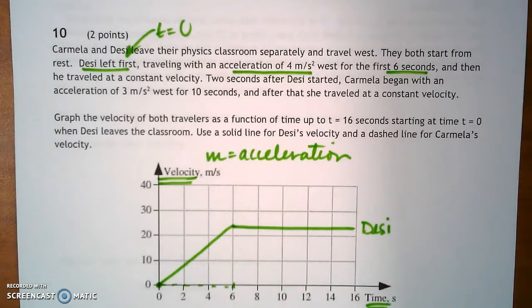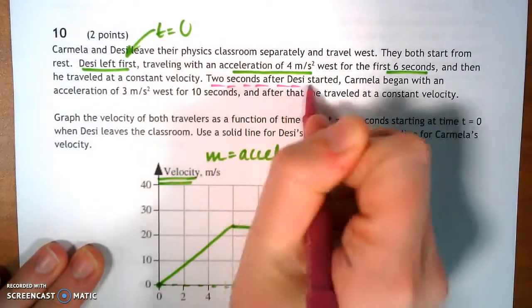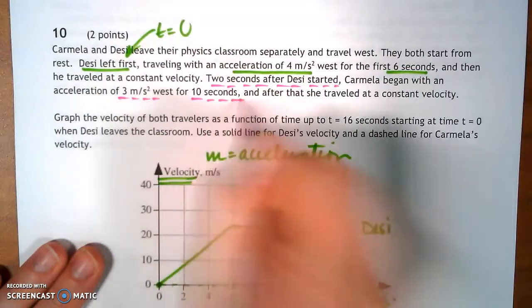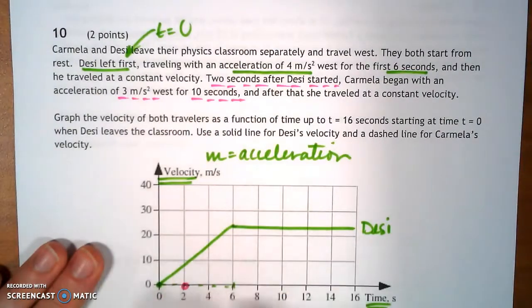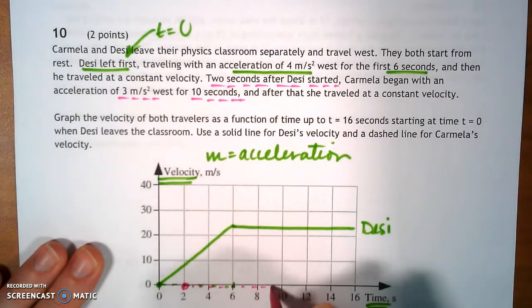When we look at Carmela, on the other hand, she's starting 2 seconds after Desi. Her acceleration is 3 meters per second squared, and it's for 10 seconds. So she's starting at 2, not at 0, because 2 seconds later she begins. And she's going for a total of 10 seconds.